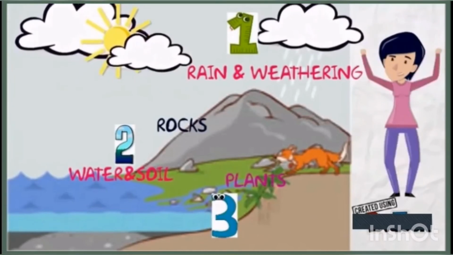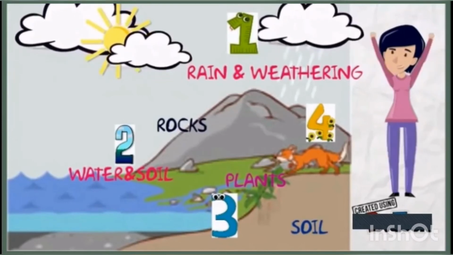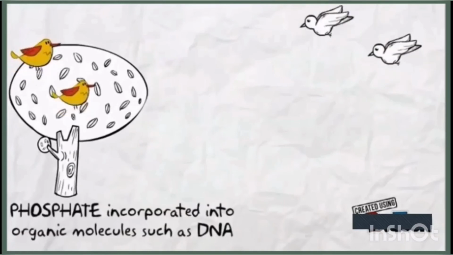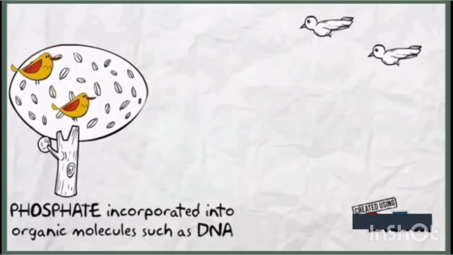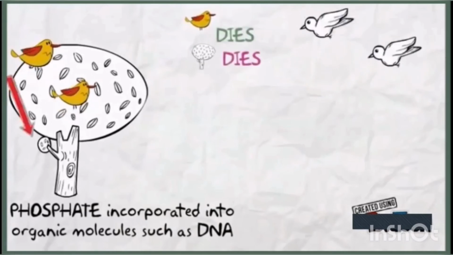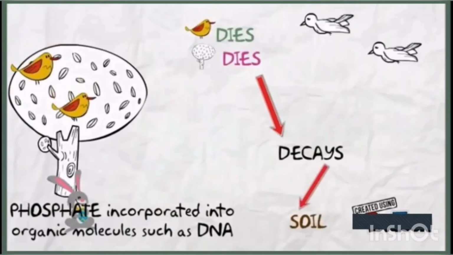Plants take up inorganic phosphate from the soil. The plants may then be consumed by animals. Once in the plant or animal, the phosphate is incorporated into organic molecules such as DNA. When the plant or animal dies, it decays and the organic phosphate is returned to the soil.